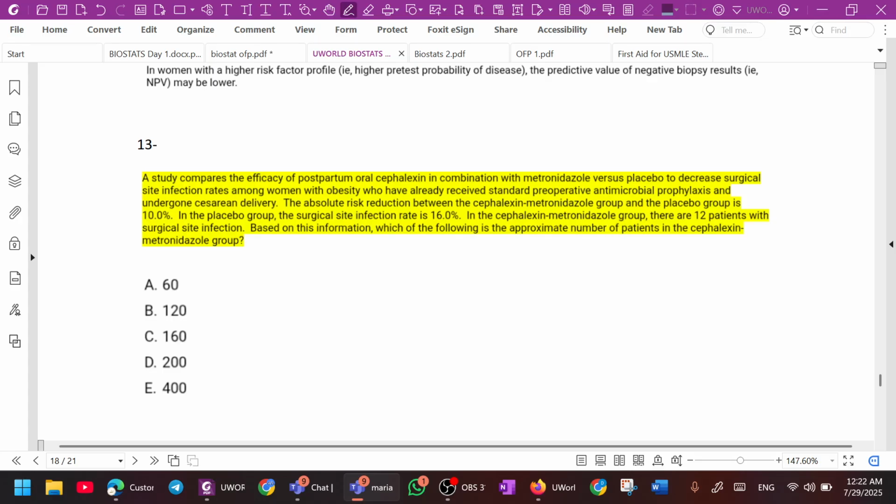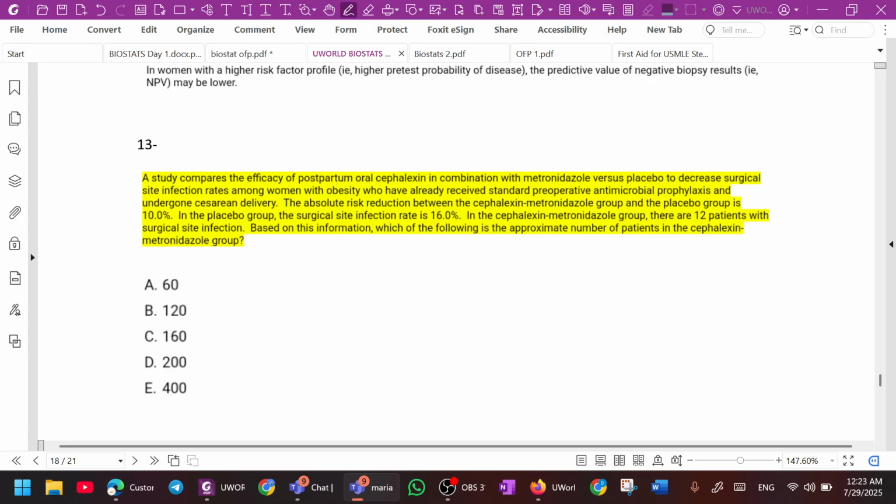So here, they're asking us for this, they are giving us this, and I'm guessing we can find this. I forgot how you find this. Let's see. Oh, never mind, I found this.